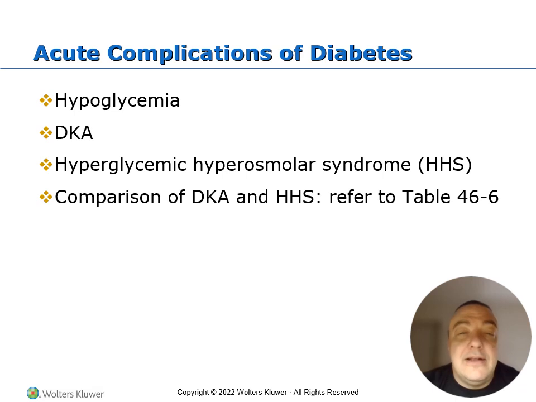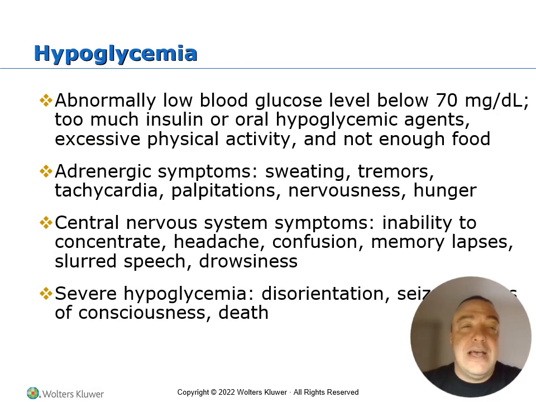Okay, and then we're going to treat that. And I'm going to compare a little bit with hyperglycemic hyperosmolar syndrome, HHS. Moving on down, we have hypoglycemia, less than 70.